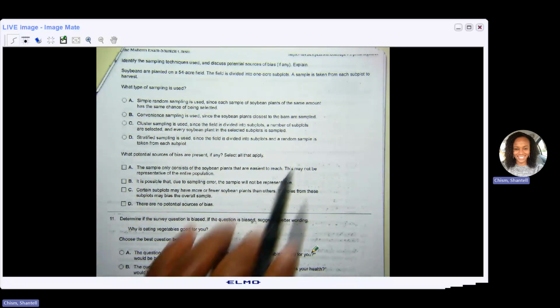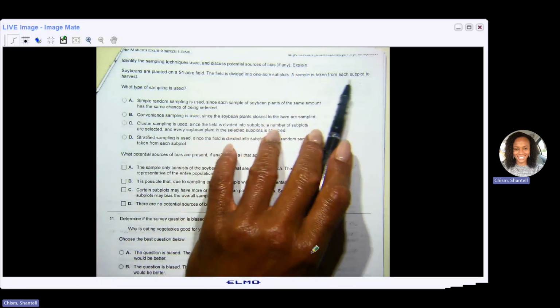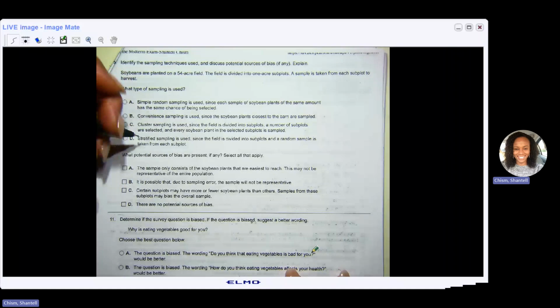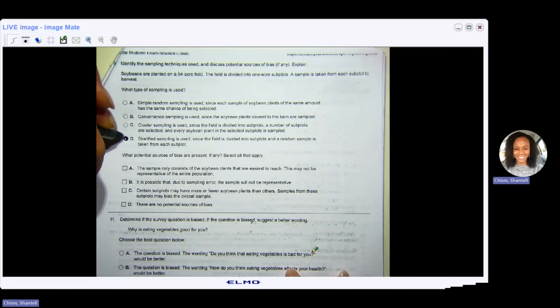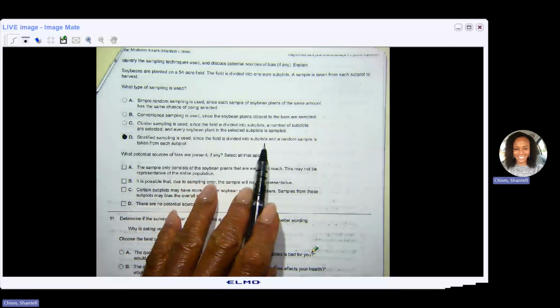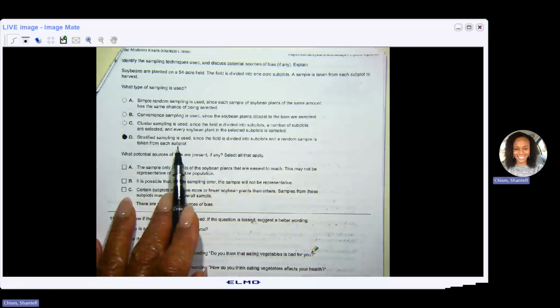Then it says a sample is taken from each subplot. So that makes this stratified. When each subplot or each smaller group is represented in your sample, that is a stratified sample. The field is divided into subplots and a random sample is taken from each subplot.